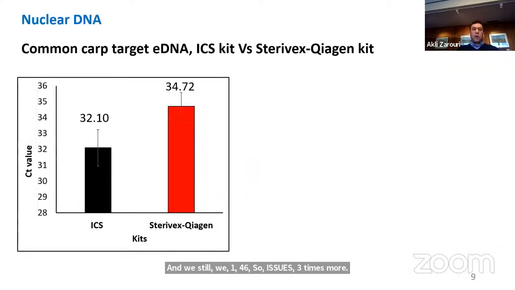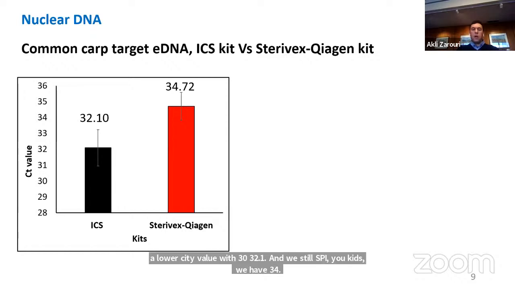Here we did a comparison between the ICS and Stevex Qiagen kits in terms of CT value. We targeted the nuclear eDNA of the common carp. As we can see, with the ICS kit we have a lower CT value of 32.1, and with the Stevex Qiagen kit we have 34.72.